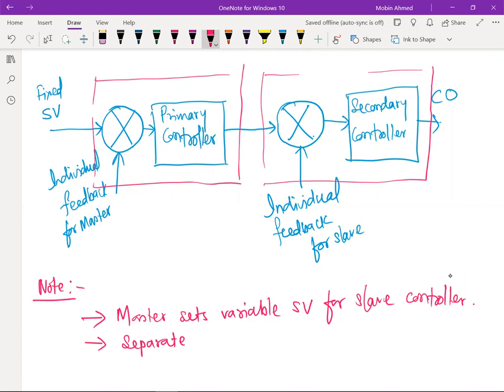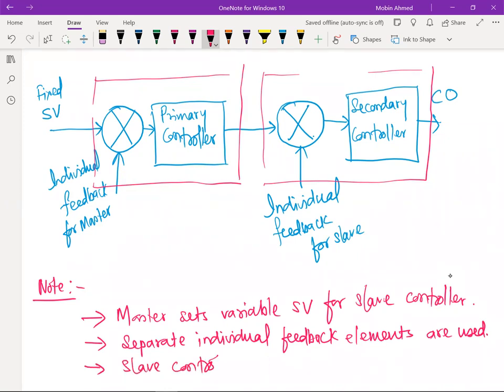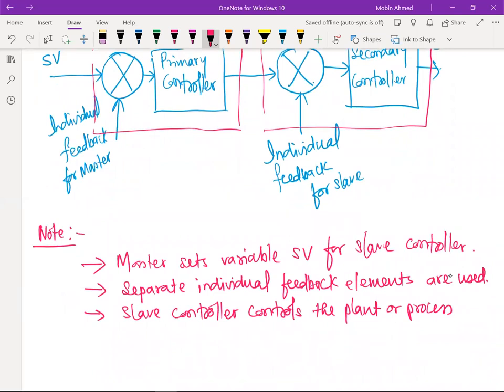Separate individual feedback elements are used, and lastly slave controller controls the plant or process for desired output. Okay. So this is the slave control.